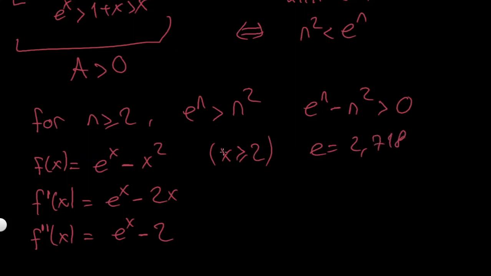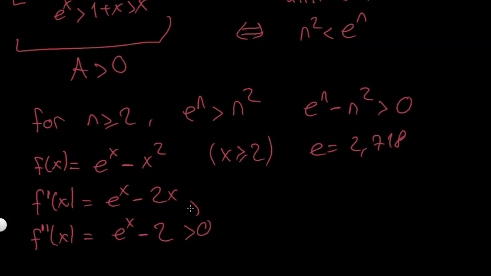So even if I put x equal to 1, this thing is positive. If I put x equal to 2, this thing is still positive, and e to the x is increasing. So this will always be true. So what this means is that e to the x minus 2 is positive. So f double prime is greater than 0.